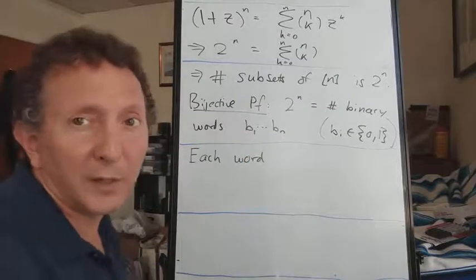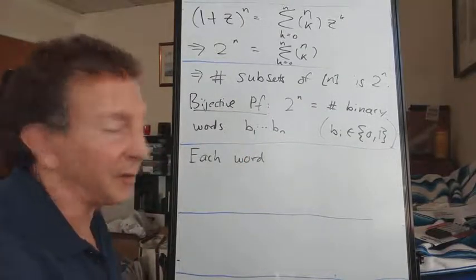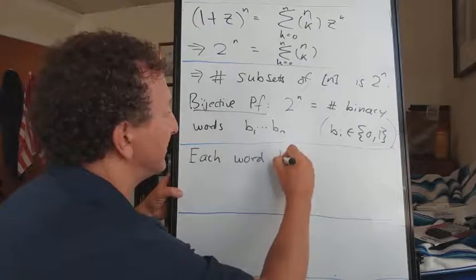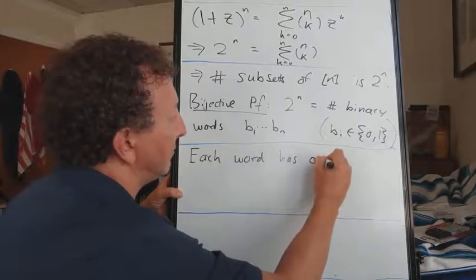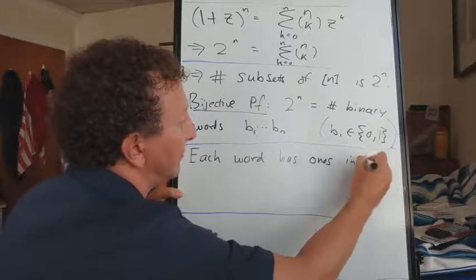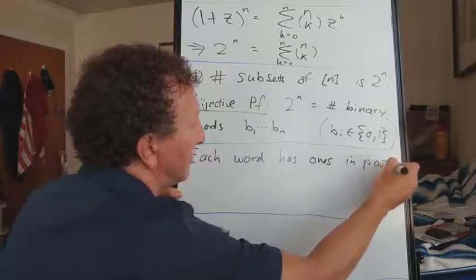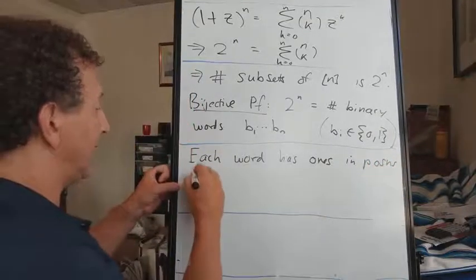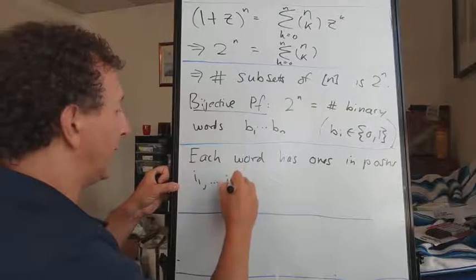Now each such word has ones in some of the positions. Let's say I1 through IK.